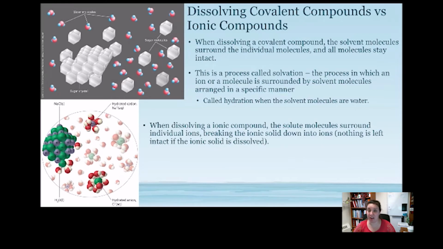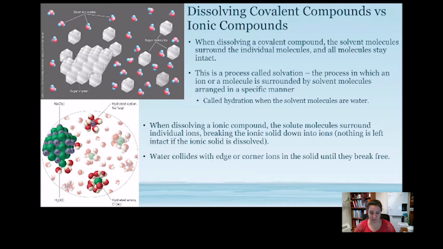When we're dissolving an ionic compound, our solvent molecules are going to surround individual ions. So they break down the ionic solid into ions. There is nothing left intact, it's just ions. Granted, it was made up of ions, and we have to break those electrostatic forces to make new forces between our ions and our solvent.